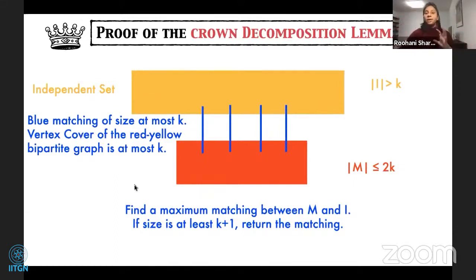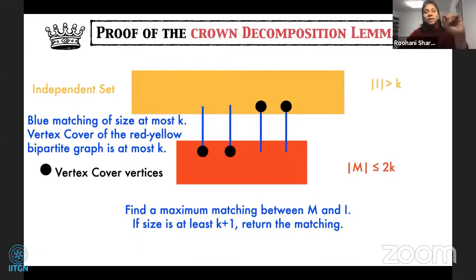So if you just forget about the edges inside the red part for a moment and just focus on the edges going across the parts, then these edges can be covered by a vertex cover of size at most k by Konig's theorem. Now let us look at that vertex cover. This vertex cover will pick exactly one endpoint from each edge of this matching, because every vertex cover has to pick at least one, and since the size of the vertex cover is equal to the size of the maximum matching, it will pick exactly one endpoint.